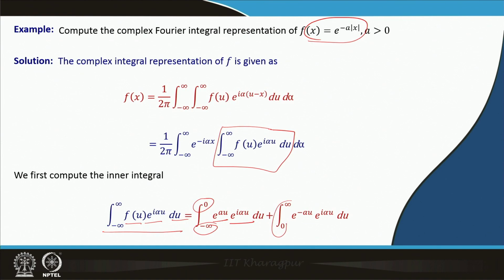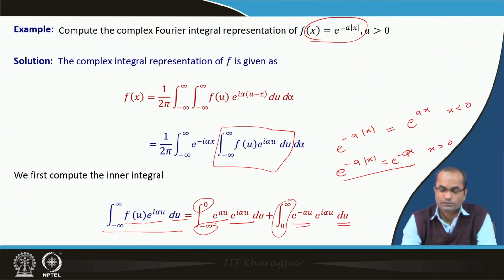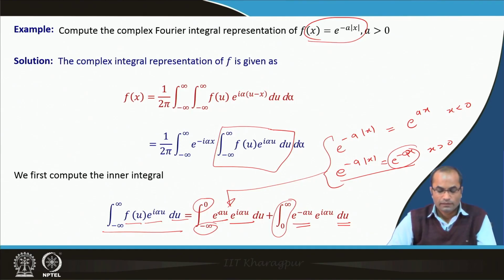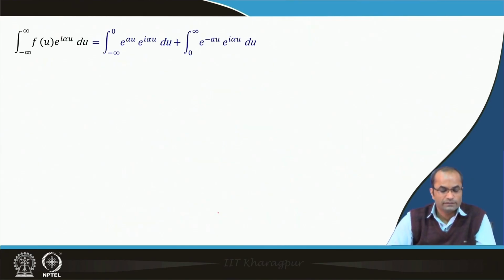When we are in the range 0 to infinity for u, e power minus a absolute value of x becomes e power a x if x is negative, and if x is positive it will be e power minus a x. That we have used here, and now we can integrate this.